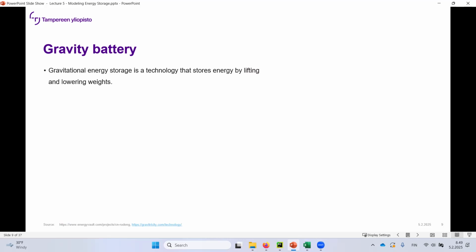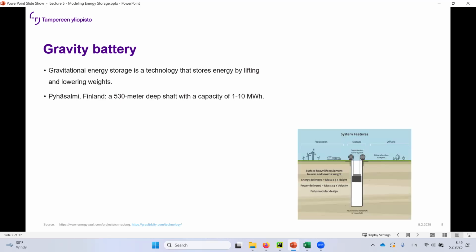Then another interesting nuance that I wanted to bring in here is the gravity battery. In essence, pumped hydro is a gravity battery, but they are planning, for example, in China, and in Switzerland there was a test of this. And in Finland, in Pyhäsalmi, there's a 530 meter deep mine.